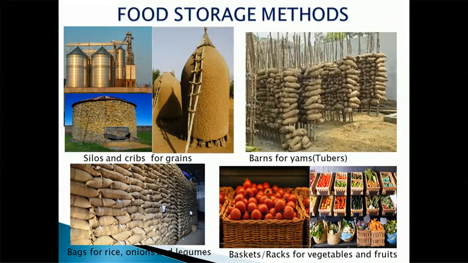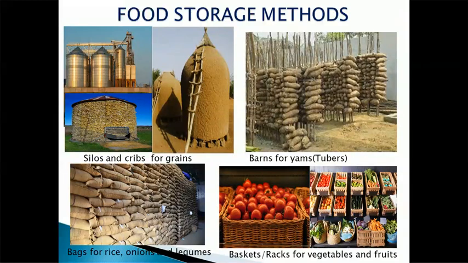Then the second one is showing barns for storing yams, okay, and some other tubers too can be stored using this method. The third one here is showing bags which are used for storing rice, onions, pepper, sometimes legumes such as beans, soybeans, cowpeas, and so on.